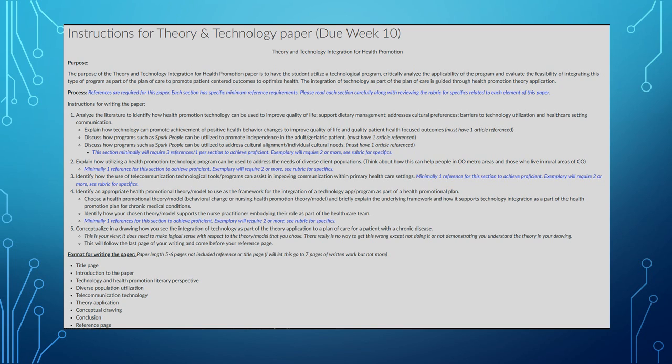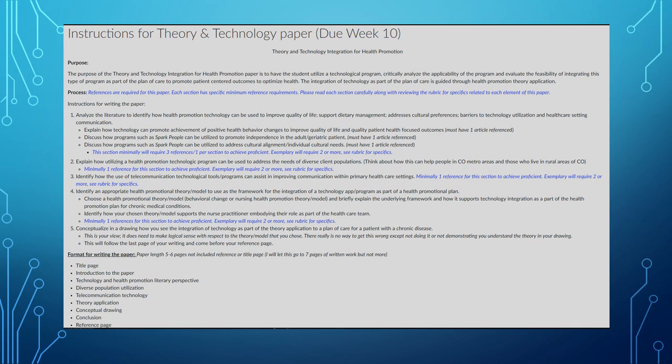Now that will get you a proficient score as well as it's written well. If you want an exemplary, which is the highest score you can get, and you have written good context of information, you have to have 2 articles for each one of these bullet points in order to get the exemplary.